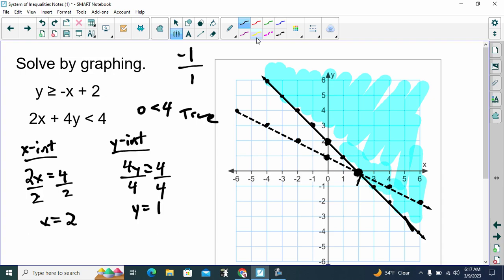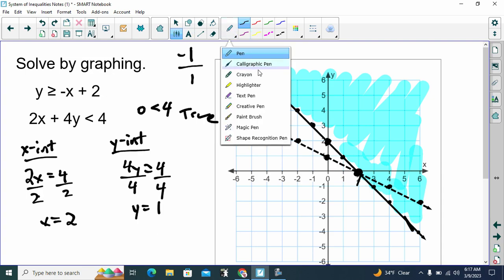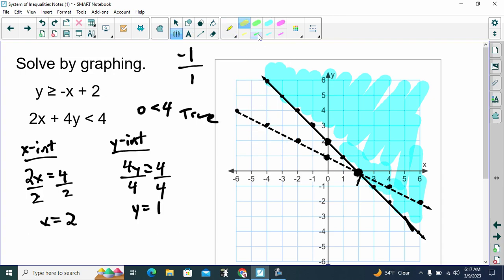So I want to shade in towards 0, 0. 0, 0 is right here, and I'm on that dashed line, so towards 0, 0 would be this. And hopefully we can recognize where the overlap of the two are. These two things overlap right down here, this little overlap.